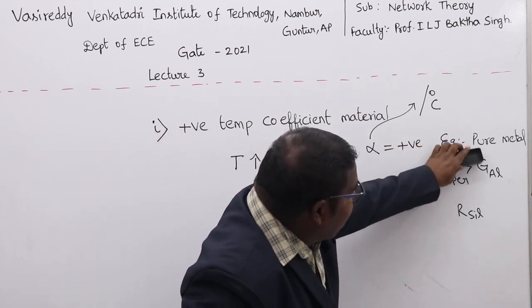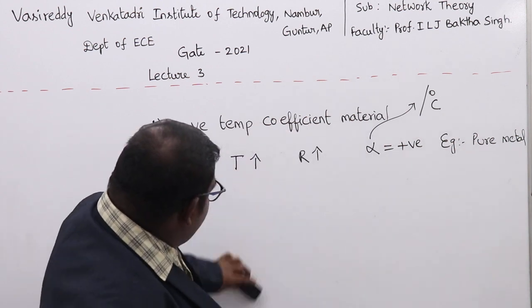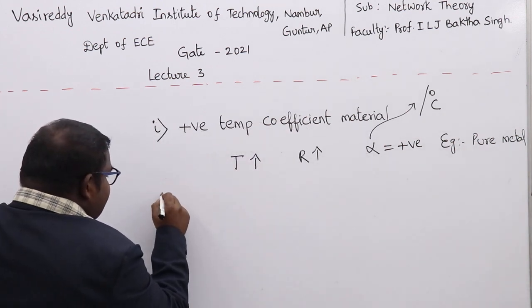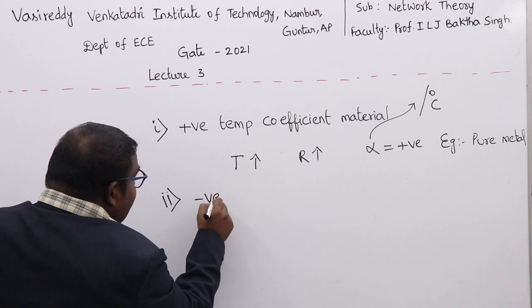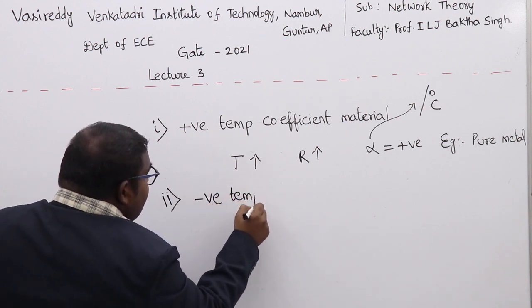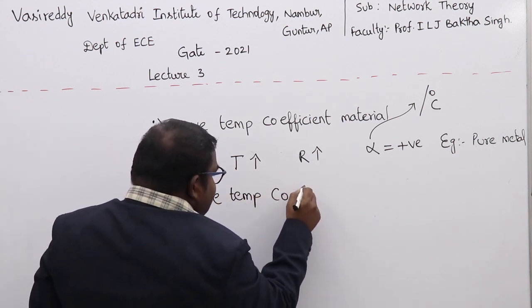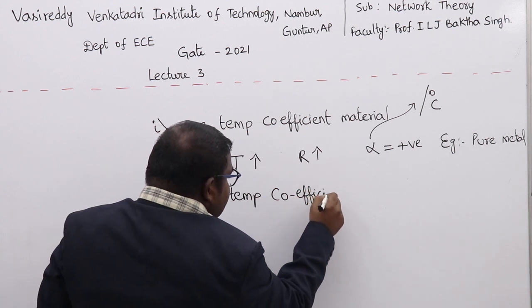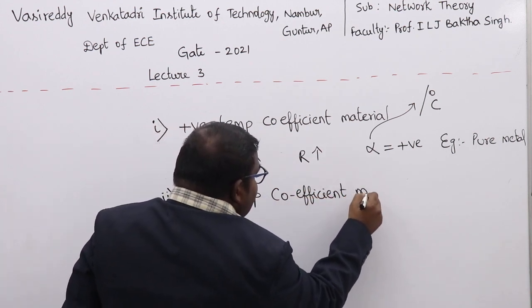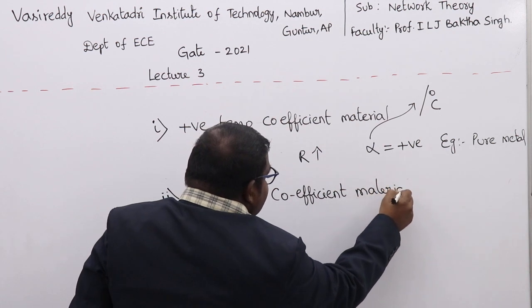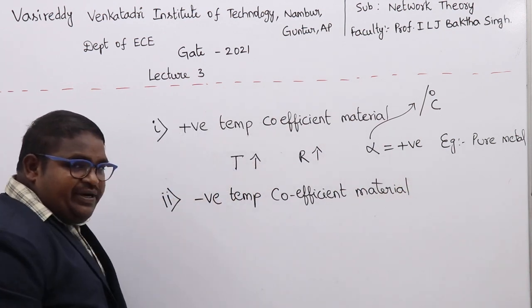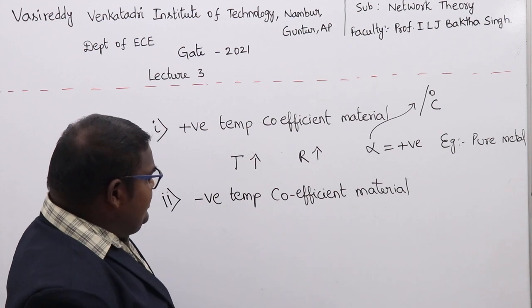The second category is negative temperature coefficient material.